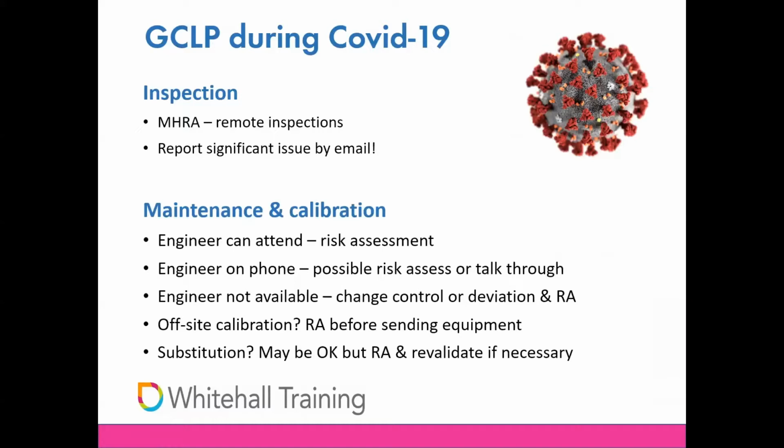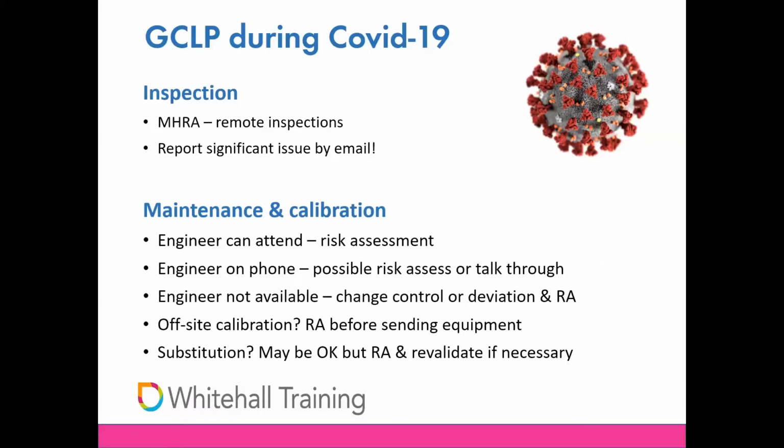So, how about maintenance and calibration of equipment? Well, if an engineer can attend a site to do either of these, that's fine, but you need to do a risk assessment before they do so. If the engineer is only available by phone or video call, a risk assessment could be okay to see if local staff can be talked through the process.